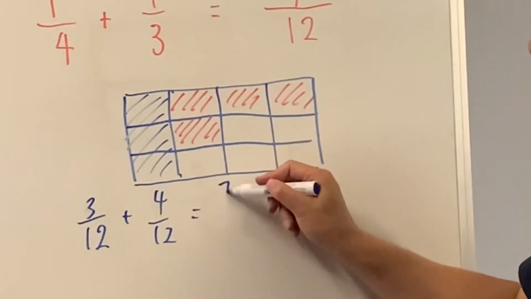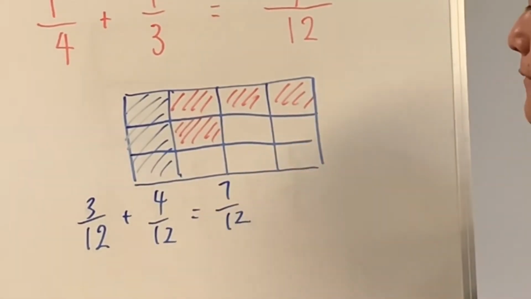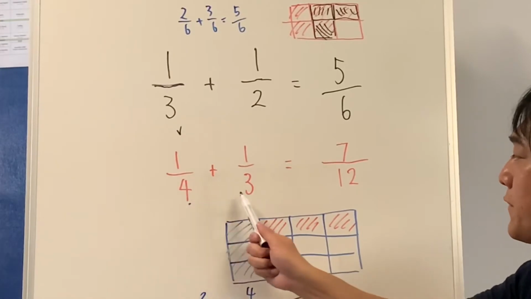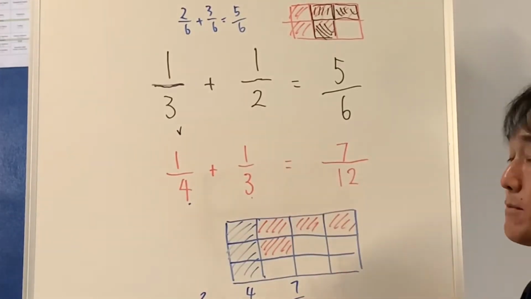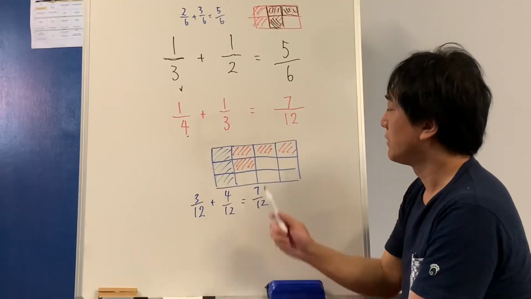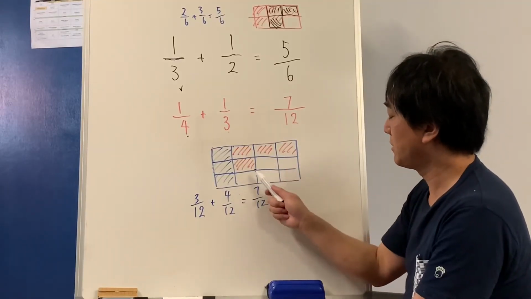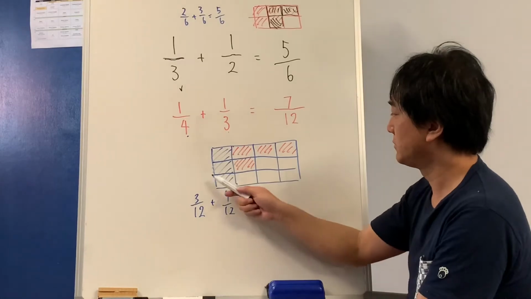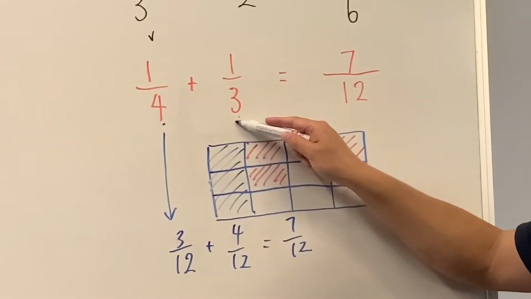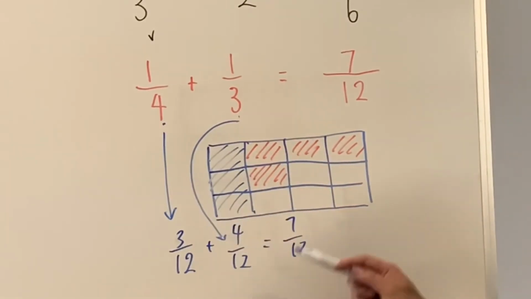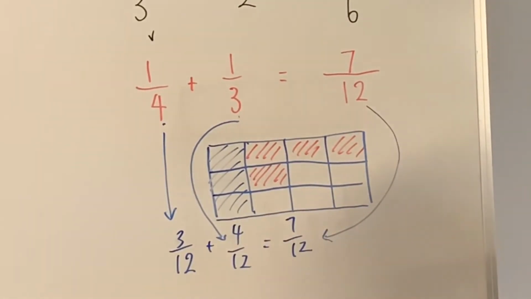Then the answer is 7 12ths. Now, some of you might have found 4 times 3 is 12, 3 times 2 is 6. It may be the way. Then something happened here. Seems like we changed the whole thing into 12ths to get the answer.